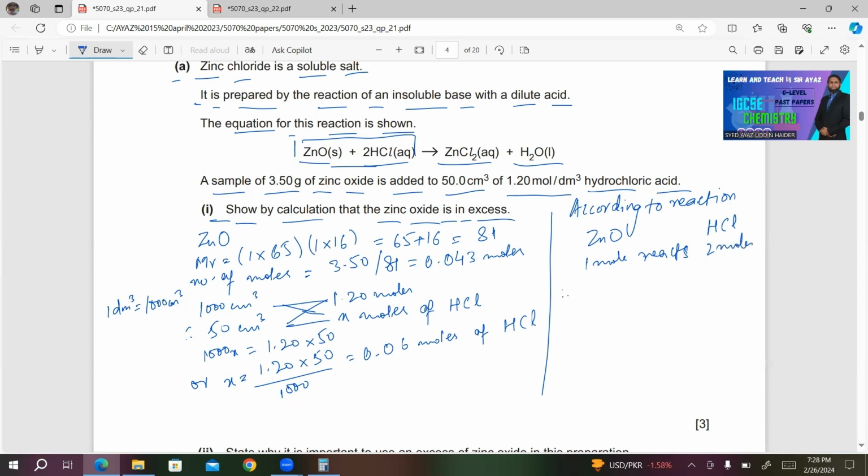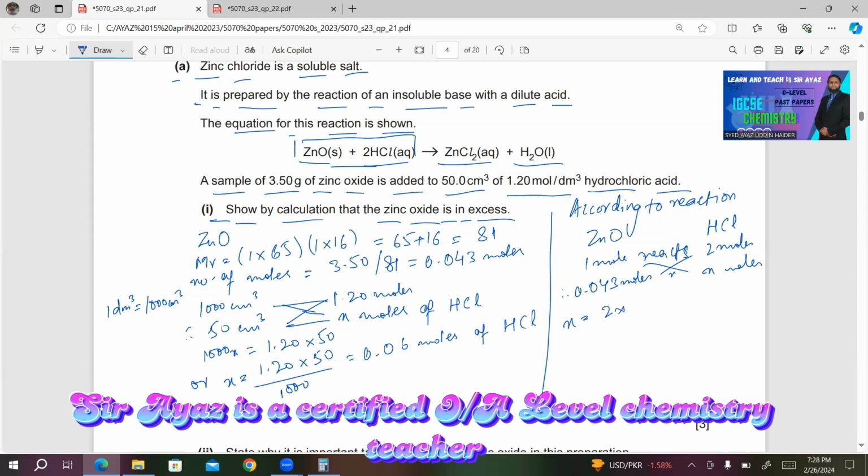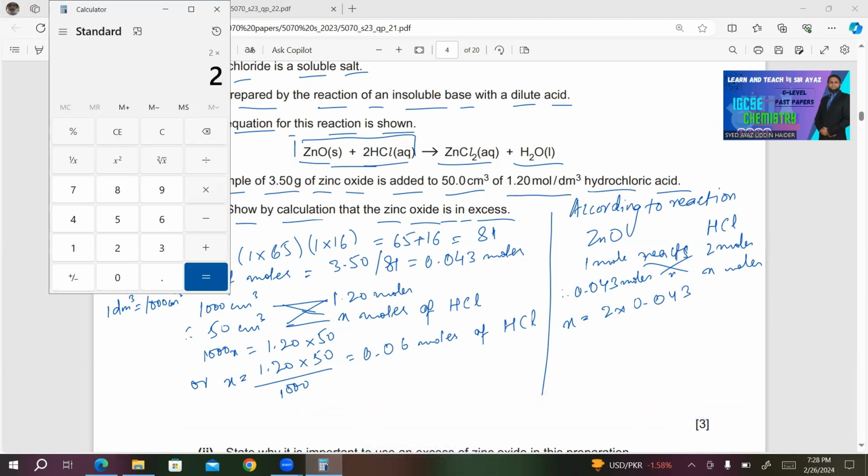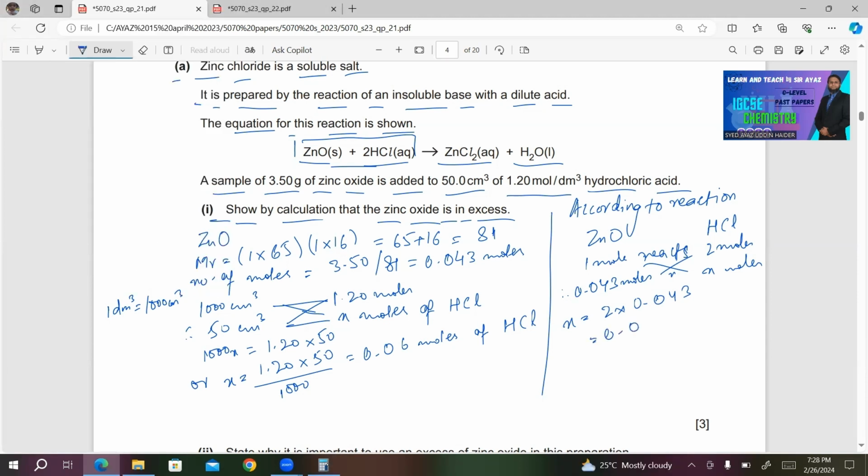Therefore, 0.043 moles of ZnO reacts with X moles of HCl. The answer will be X is equal to 2 multiplied by 0.043, and we get 0.086 moles of HCl.